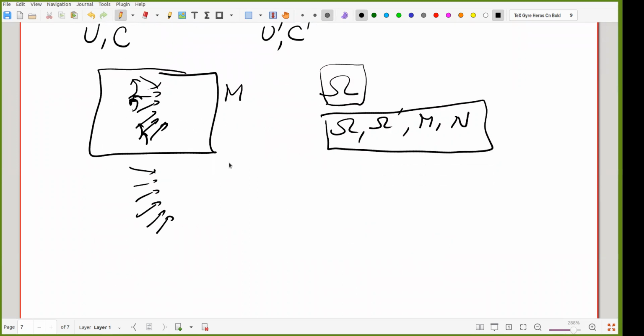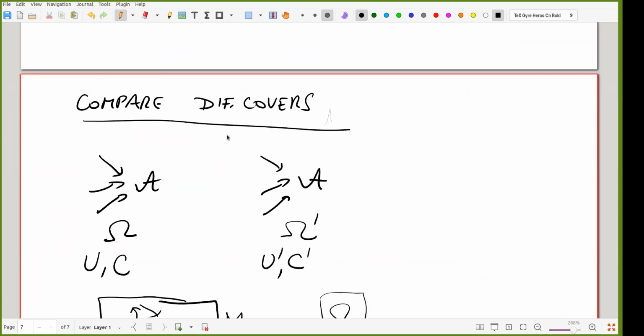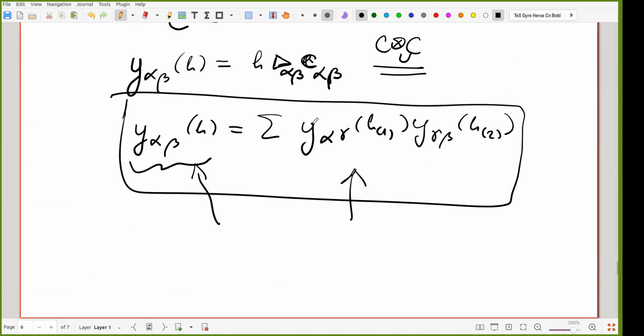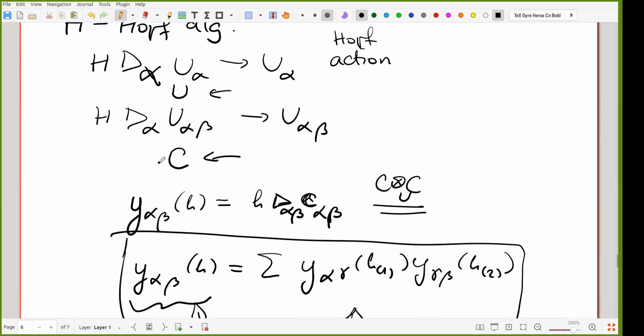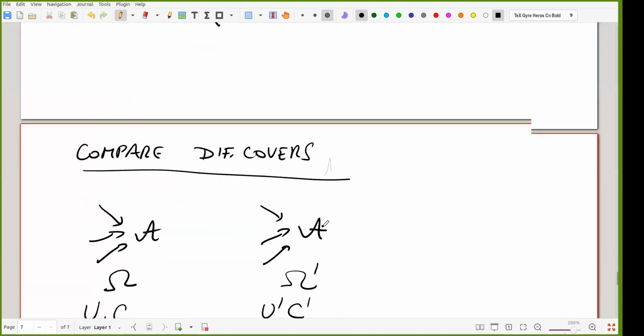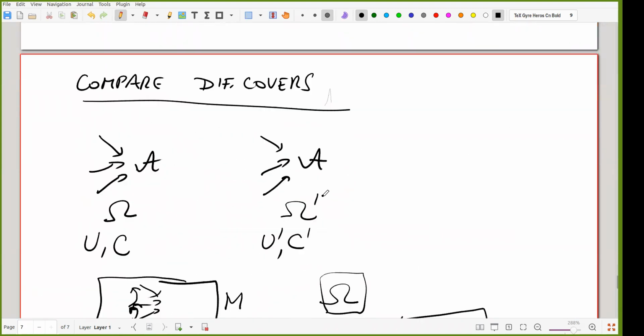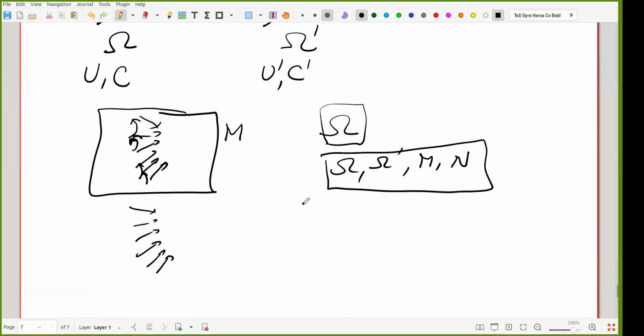Then if you can do that, then of course likewise you add additional ones, but for alpha and gamma, which are now in different covers, and they still have to satisfy the same relations, and these are the data for the refinement.